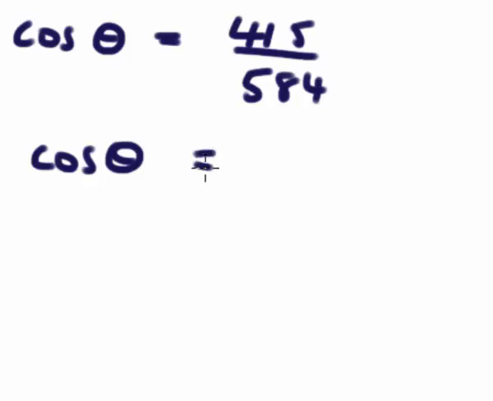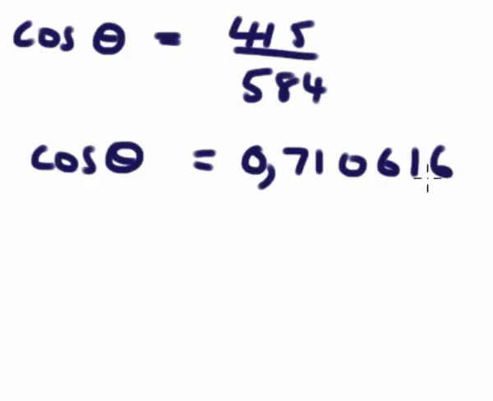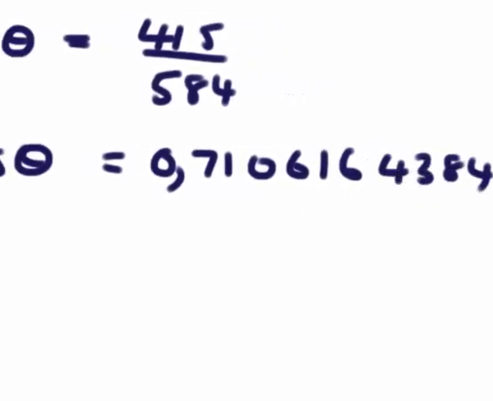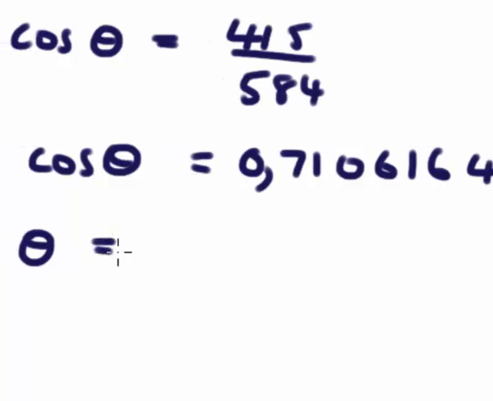Okay, and if you want to, you can work it out as a decimal. Let's see what that would give us. If we push the decimal button, we get 0.710616. Now go shift cos, and let's see what we get. Shift cos equals, and it comes to about 44.71.